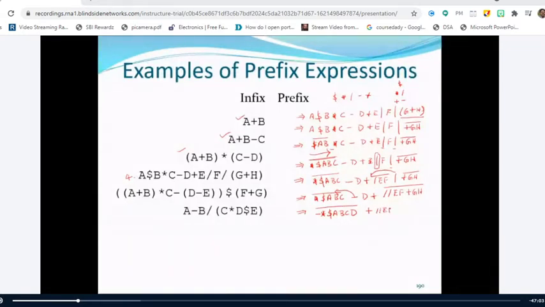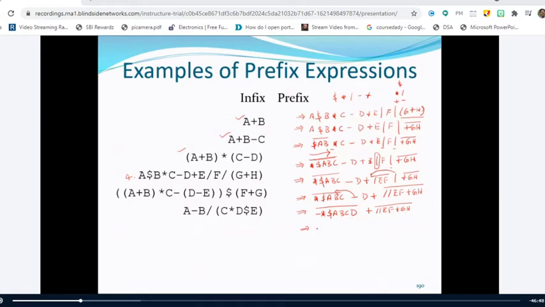Now how many operators are we left with? Only 1, sir. There are two operands: minus star dollar abcd and division ef plus gh.